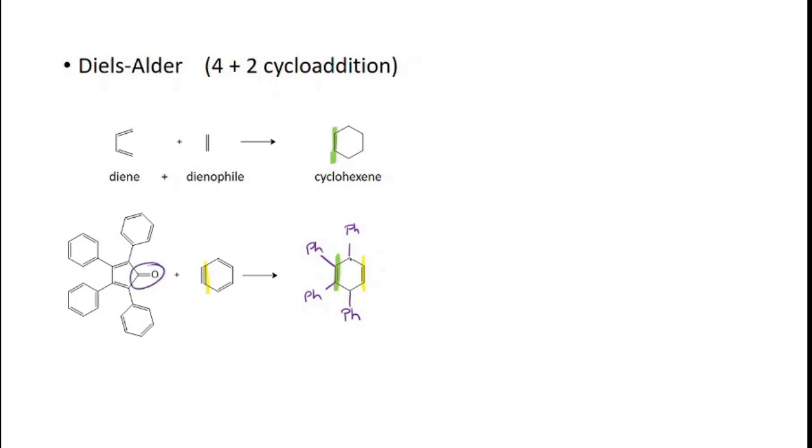We had this carbonyl. That carbonyl is still present. And here we had that benzene ring. That benzene ring is also still present. So we simply do the diene plus dienophile, giving us the cyclohexene, but we remember that all the other stuff goes with it.